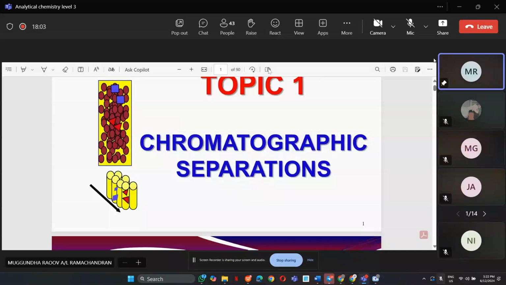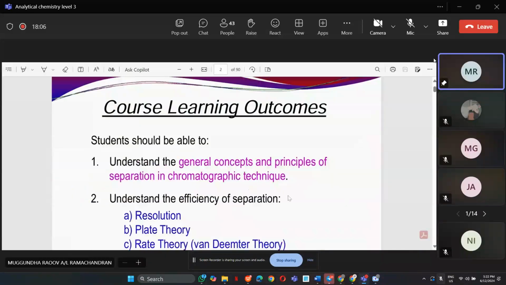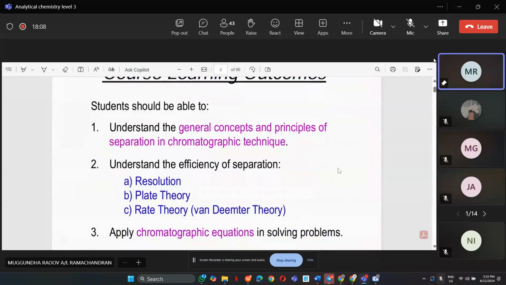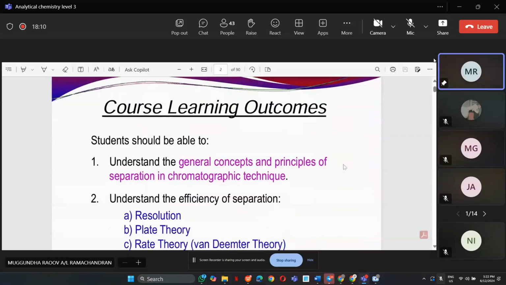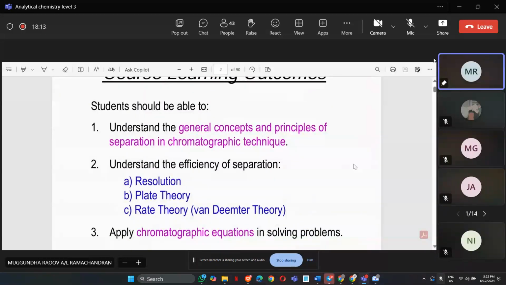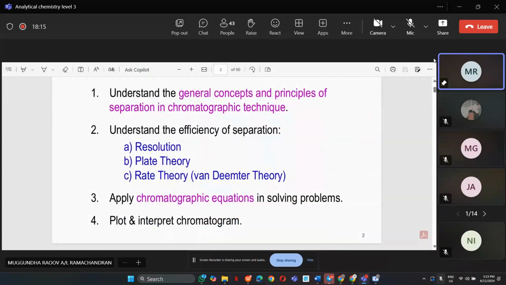As for today's course learning outcome, you should be able to understand the general concepts and principles of separation in chromatography technique, and understand the efficiency of the separation, for example resolution, plate theory, and rate theory, especially Van Deemter theory. Then apply the chromatography equations in solving problems, and plot and interpret the chromatogram.